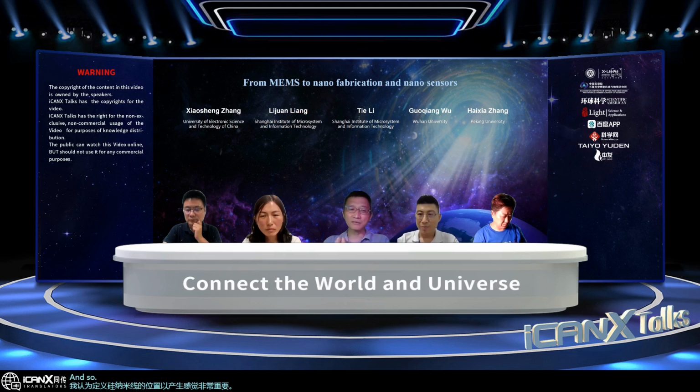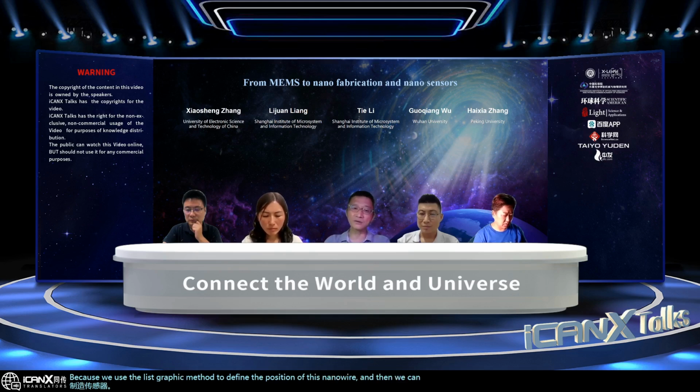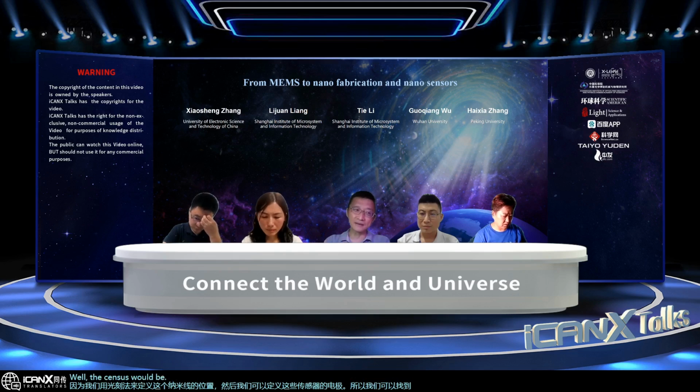So from the start, we would like to use the top-down method instead of the bottom-up method to fabricate the sensors, because we use the lithography method to define the position of the nanowire, and then we can define the electrodes of these sensors. So we can do a lot of things to make mass production.